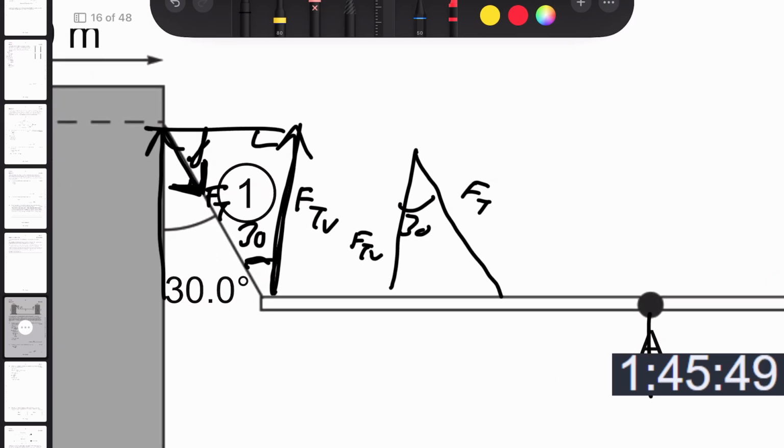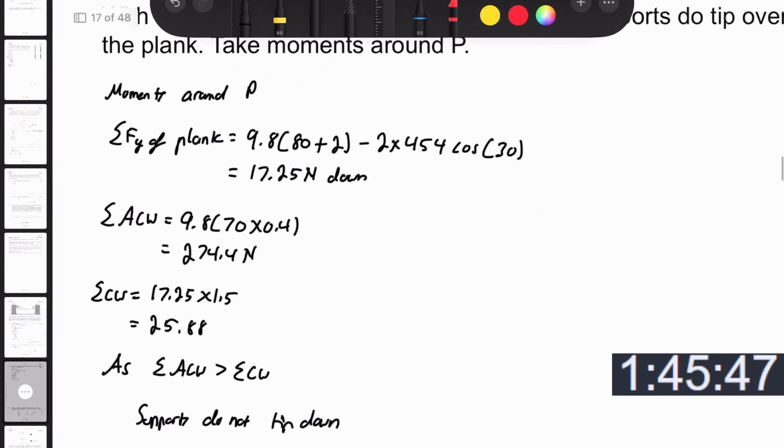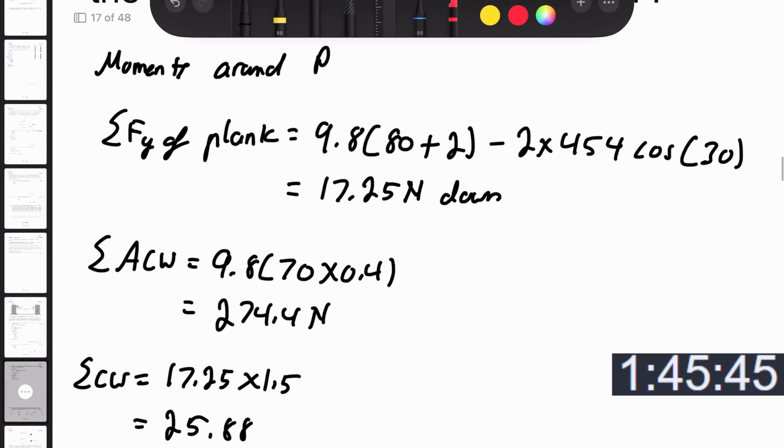Only that force of tension, isn't it? So that would be force.